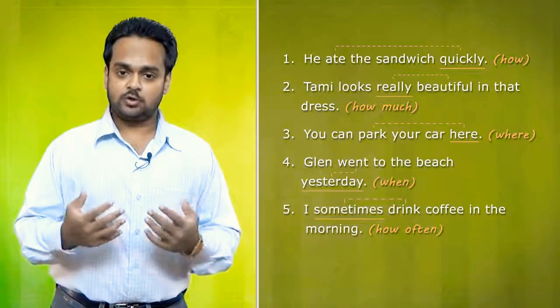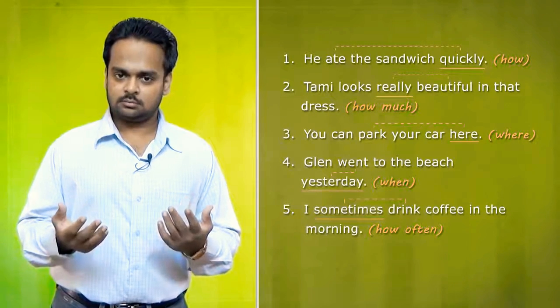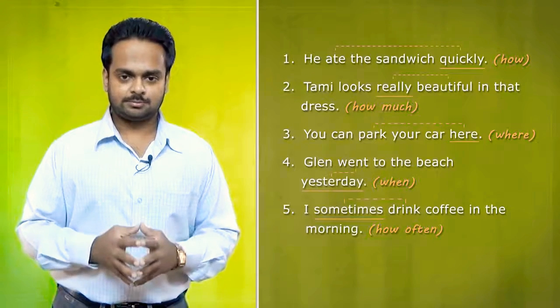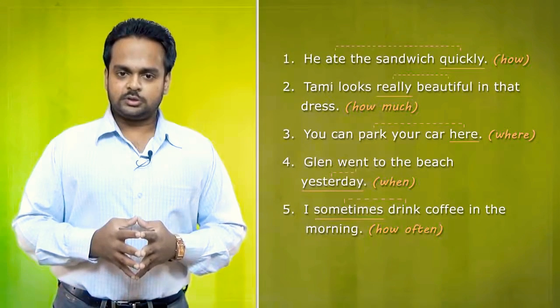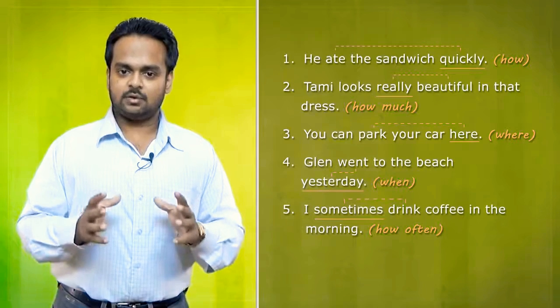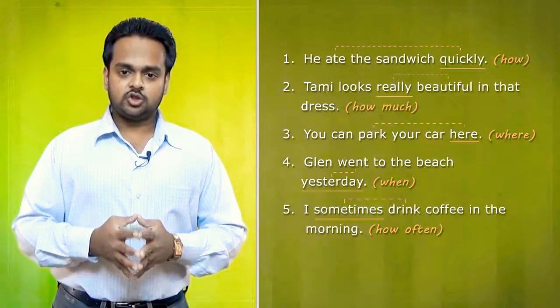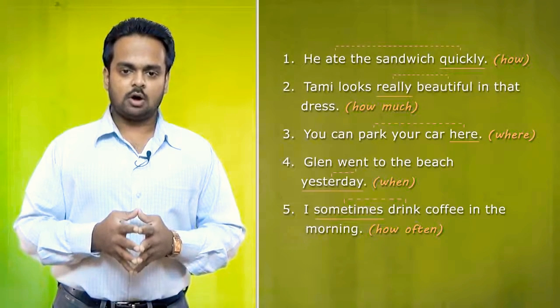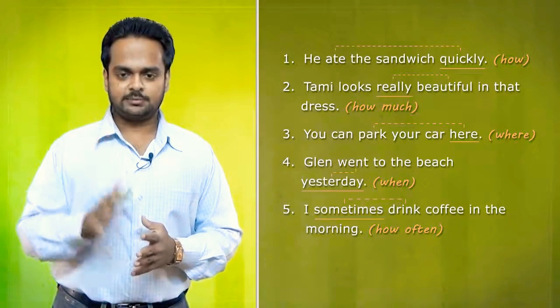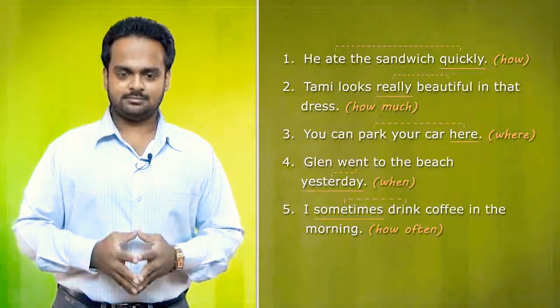How often do I drink coffee? Every morning? No, only sometimes. So here you see all the different things that adverbs can do. And based on these functions or the different jobs that they do, adverbs are divided into 5 common types. Let's talk about that.